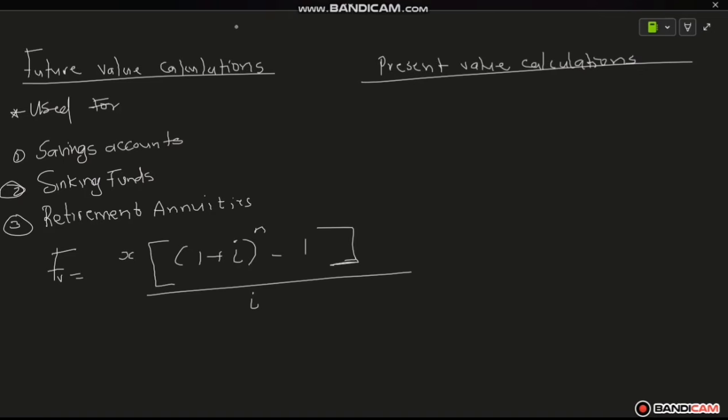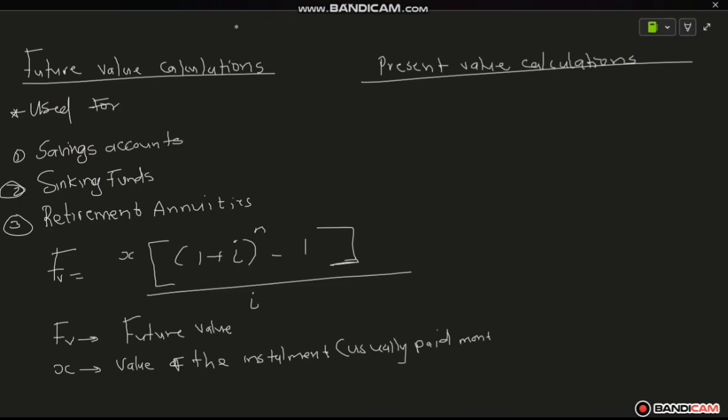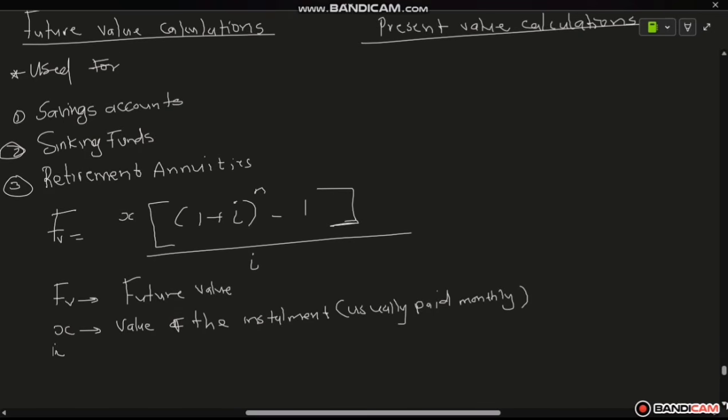So this is the formula for future value calculations, where V is the future value and x is the value of the installments, usually paid on a monthly basis. Then this is the interest rate.